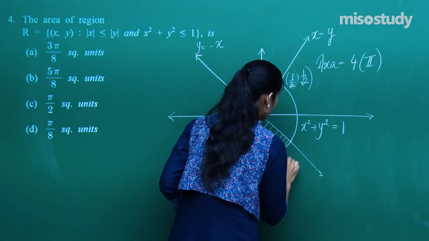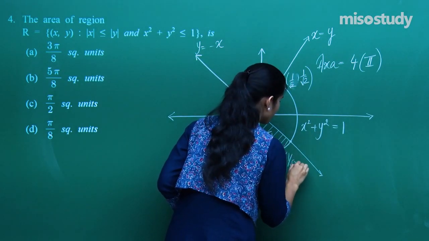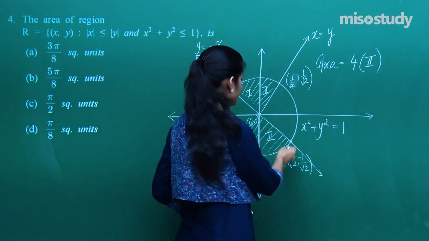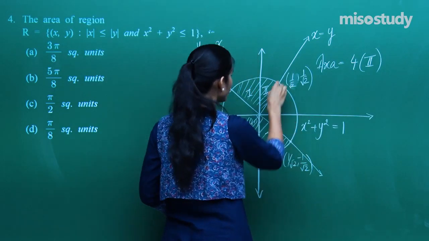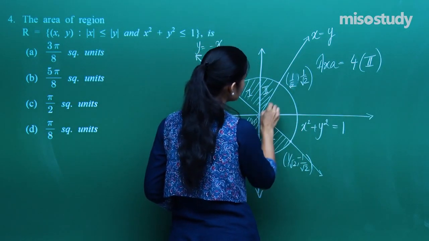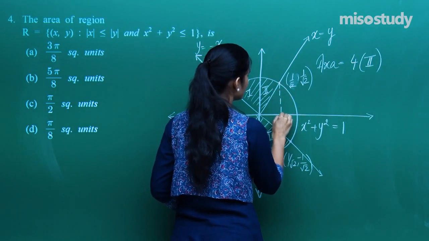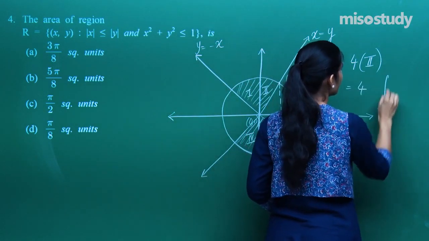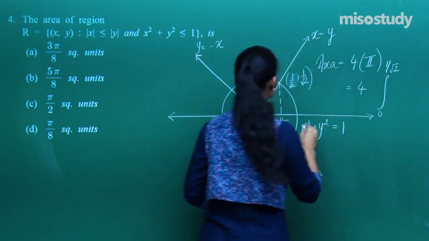And this is going to become 1 by root 2 comma minus 1 by root 2. I did not need this point, I just need this point because I want to talk about integration from 0 to 1 by root 2.